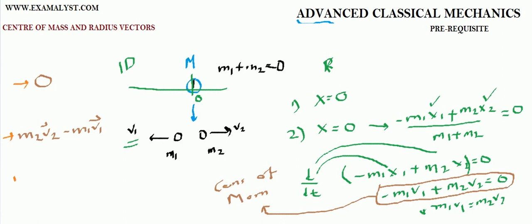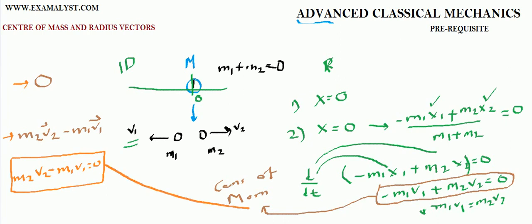So by conservation of momentum, I should have m2 v2 minus m1 v1 equals 0. So an amazing thing here is that the conservation of the position of center of mass before and after explosion indirectly leads you to the conservation of momentum.